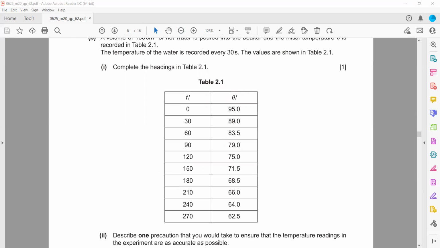Whenever we want to record the temperature for this experiment, we should always avoid a parallax error, so we should always look perpendicular. And we should keep the thermometer at the same location or the same position all the time when we are measuring the temperature.